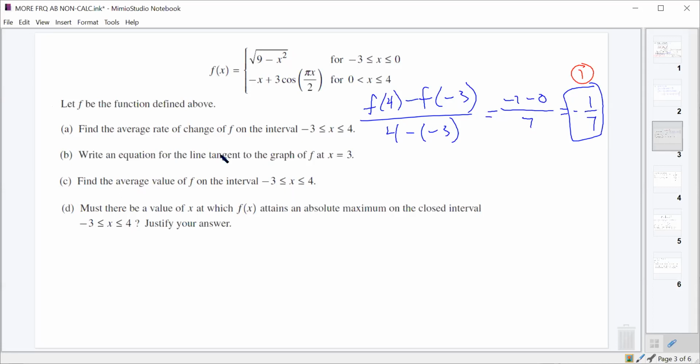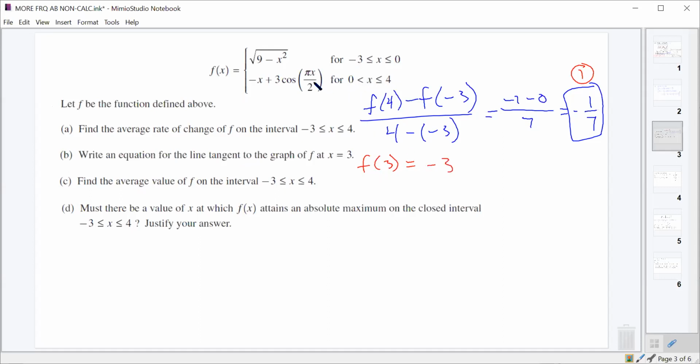All right, we're going to write an equation for the line tangent to f at x equals 3. So first off, we need to find f of 3. So we have the point. What's f of 3? We're choosing the bottom one, right?